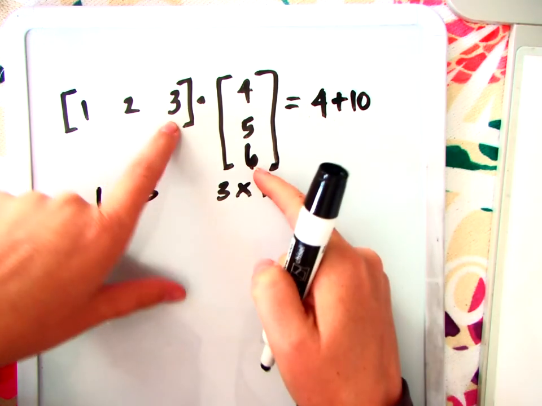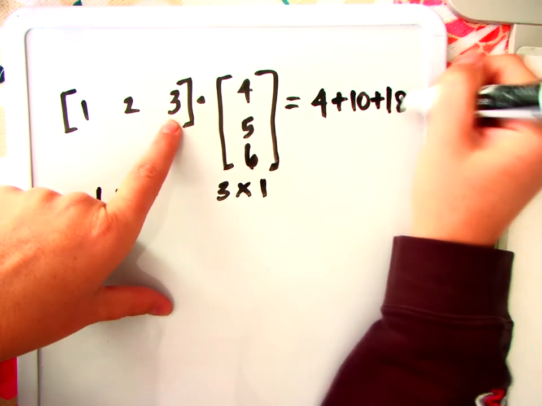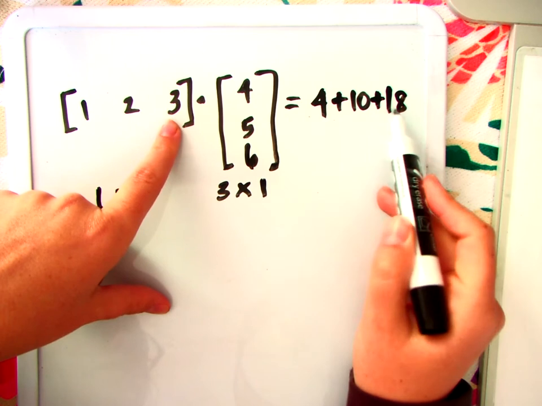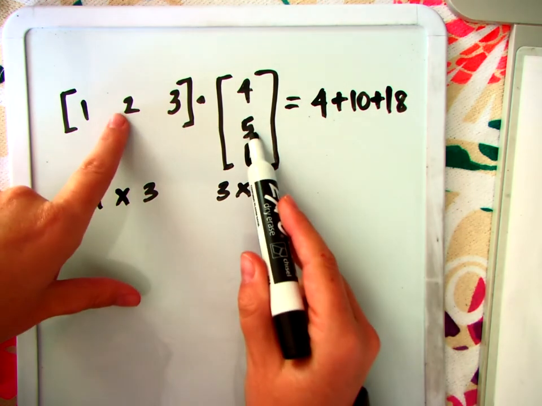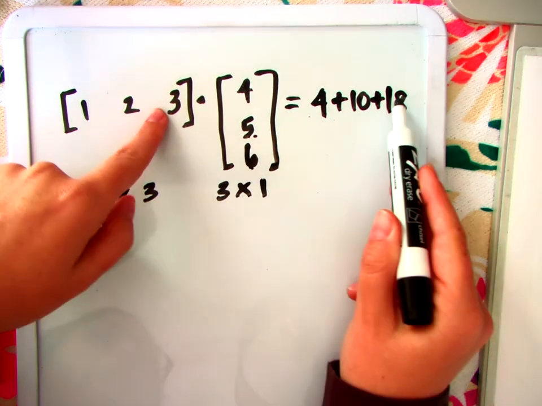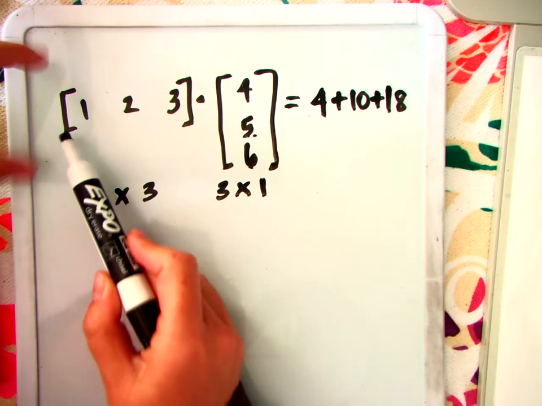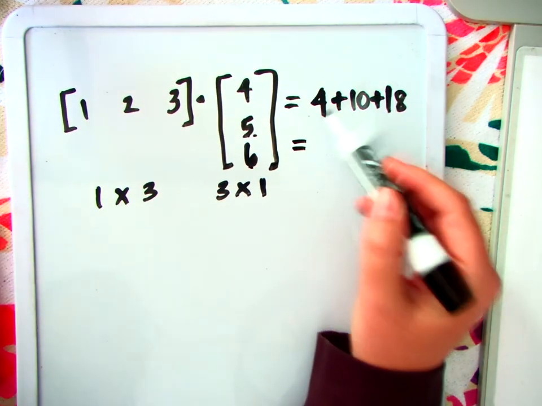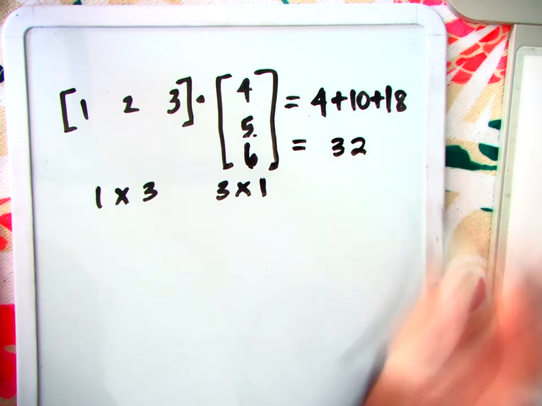And then I go to the third entry. 3 times 6, I'm adding 18 to the previous products. So I have 4 plus 10 plus 18. So the answer to this, when I multiply a row vector by this column vector, ends up being whatever the sum of 4 plus 10 plus 18 is, 32.